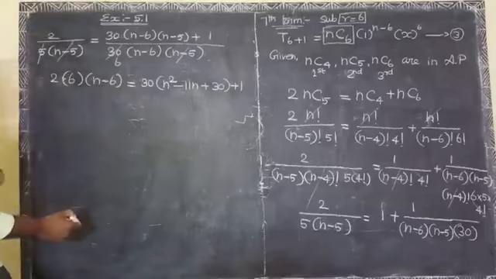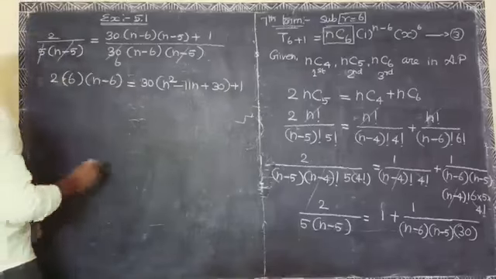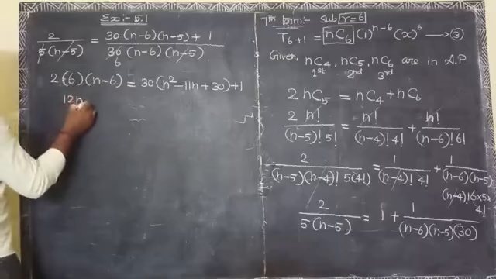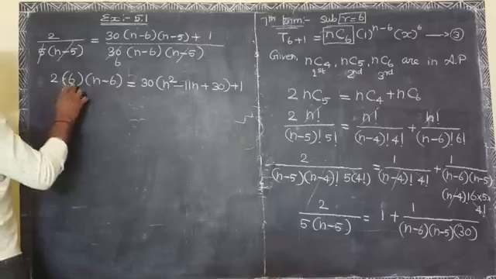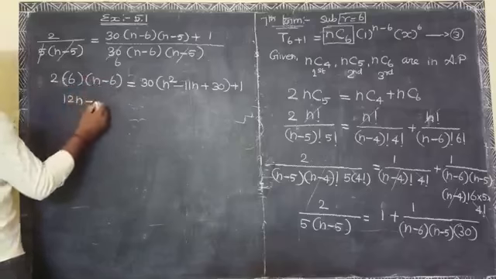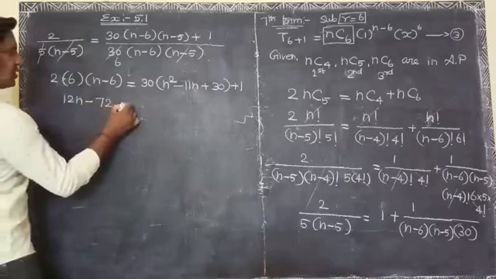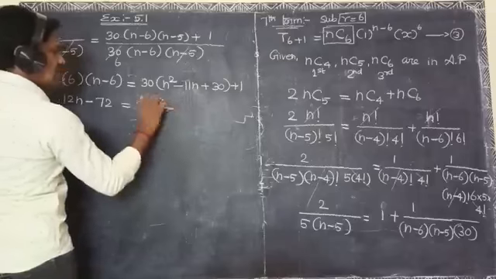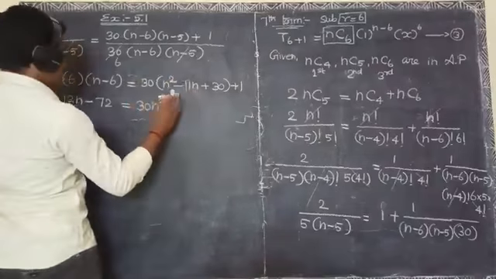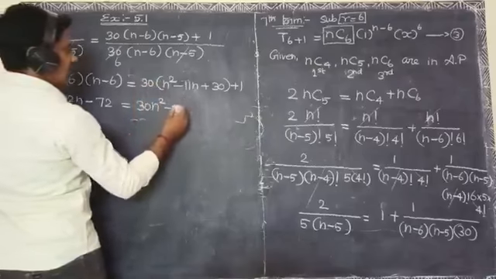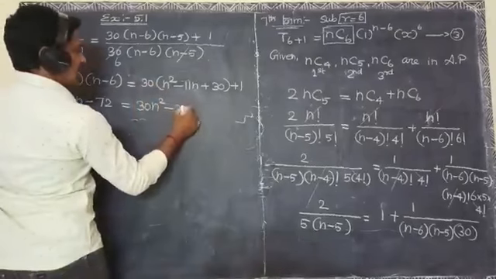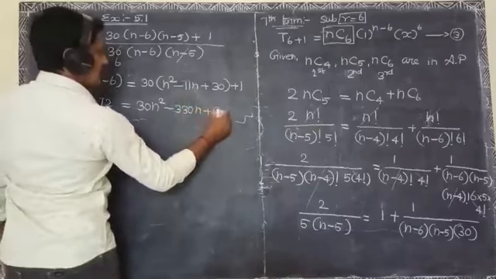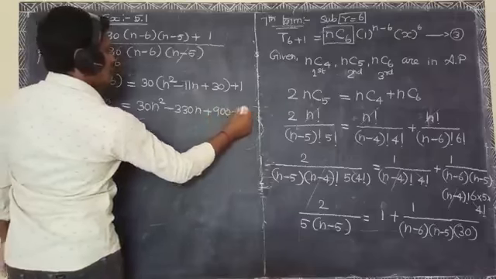So 2 into 6 is 12, 12n, and 12 into 6 is 72, minus 72, which is equal to 30n square minus 30 into 11, that is 330n, plus 30 into 30, 900, plus 1.